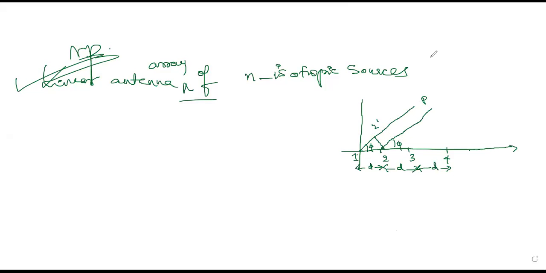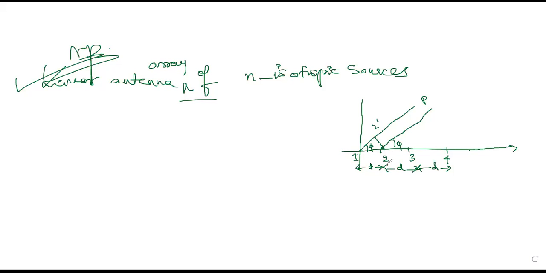Now here, you will consider a linear array as one where sources are placed at equal distance from one another. You have n number of sources, placed at equidistance from one another. So we consider here a linear uniform array of n isotropic sources.